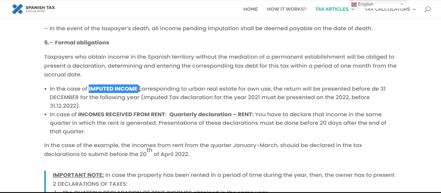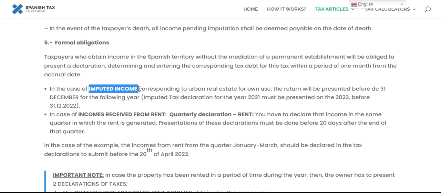But the Spanish system has always won all the cases, confirming that it is not a discriminatory treatment, because first, Spaniards have to pay the same, and second, the main residence is never taxed in Spain.